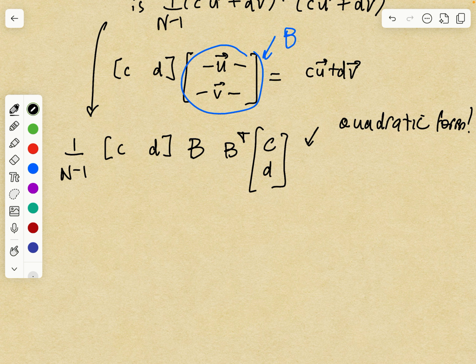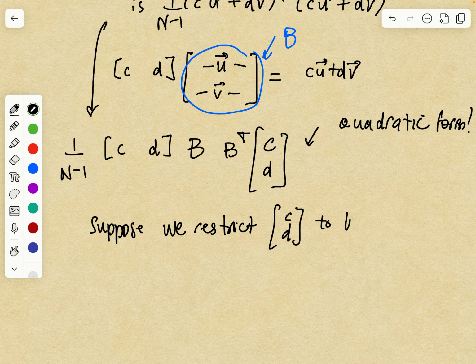And so we can ask, suppose we restrict the vector CD to be a unit vector. Now we can see what the largest and smallest sample variance is.